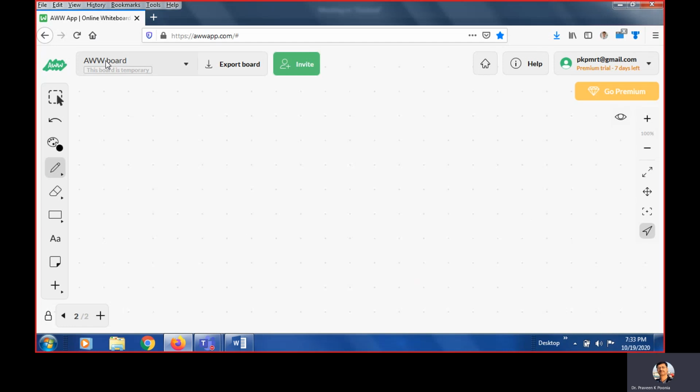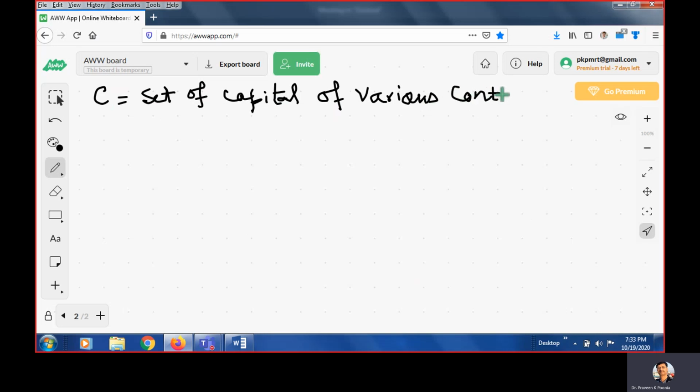We will study some more examples. If I write C, the set of capitals of various countries: what is the capital of Oman? It is Muscat. What is the capital of UAE?